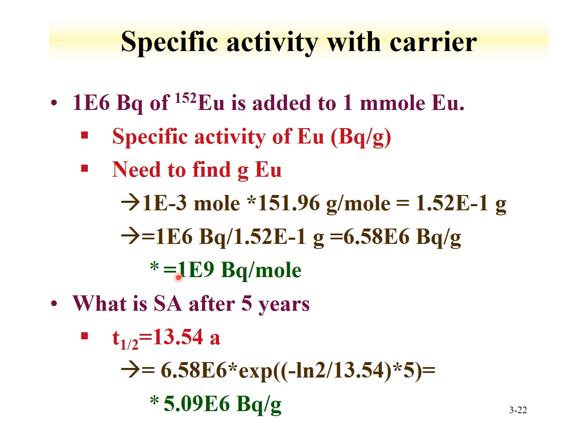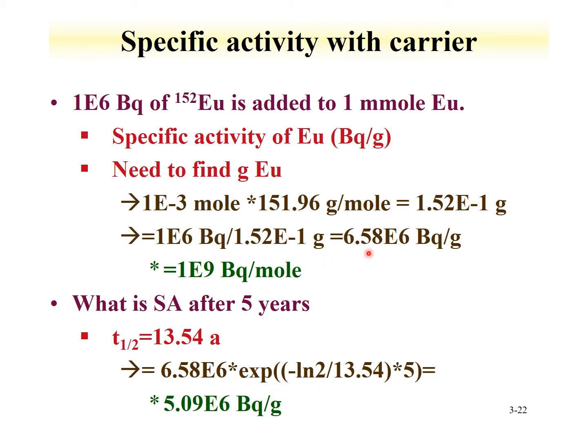What's the specific activity in 5 years? Europium-152 has a half-life of 13.54 years. I can plug this into the equation that we talked about. The activity at time t would be equal to the initial activity times e to the minus lambda t.